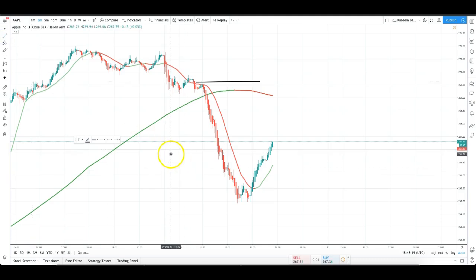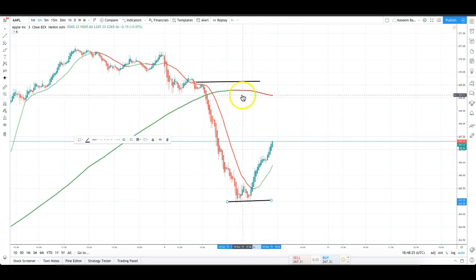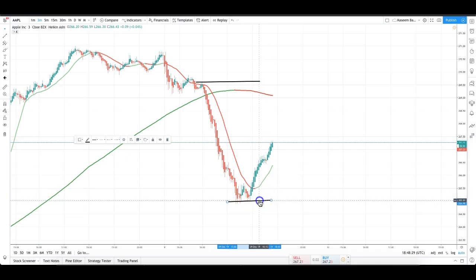Now, the other part is, how did I know when to get out of the trade, right? Because it's not only important to know when to get in, you also want to know when to get out, because you don't want to be on the wrong side of the trade. Now, when the trade came back down, first of all, it formed a low here, right? So we know this is where the bottom is for the day. It's the lowest price of the day.